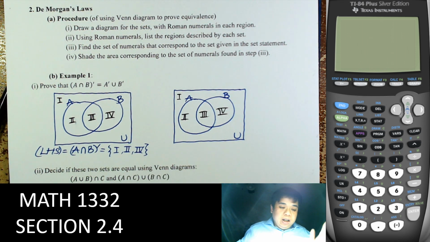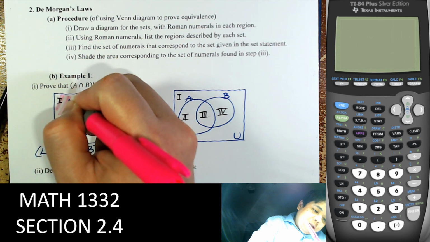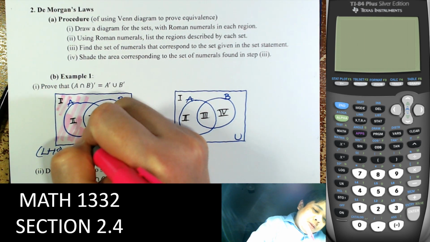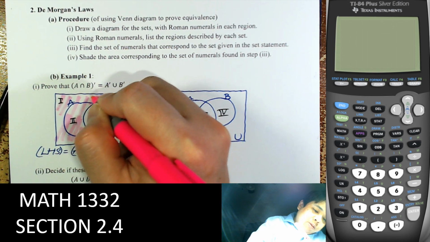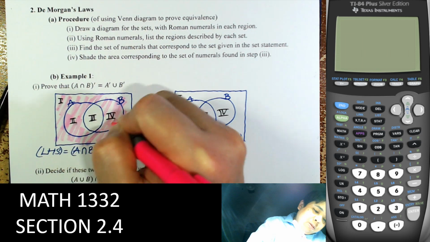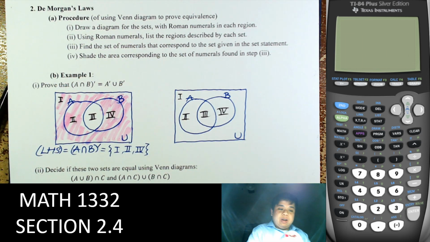So the region that has 1, 2, and 4, pretty much outside the 3. Right, so that is the left hand side.